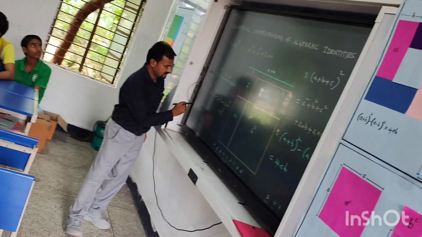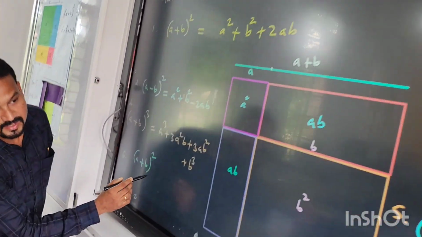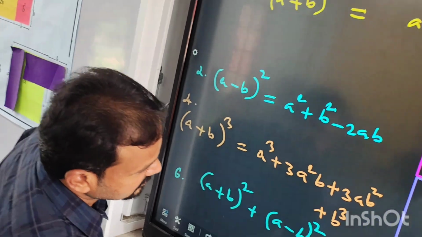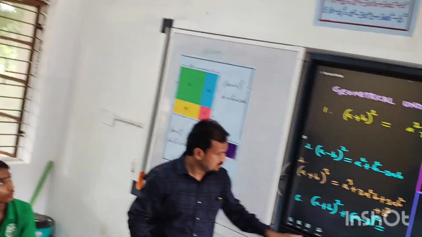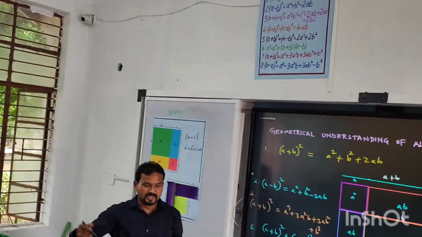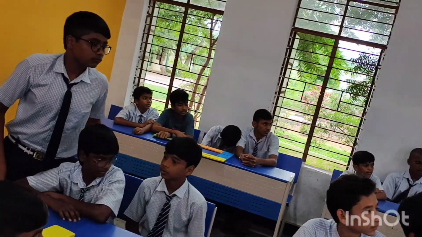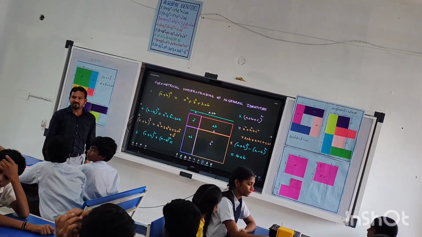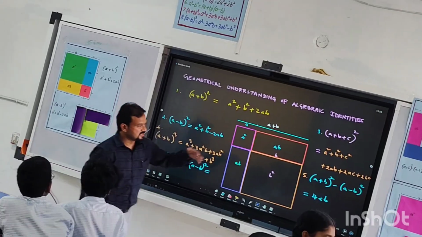Last one, last identity. Sixth one. A plus B whole square plus A minus B whole square is equal to, okay, A plus B whole square plus A minus B whole square. Study in algebra. 4AB is this one.